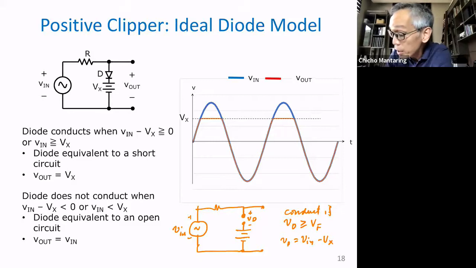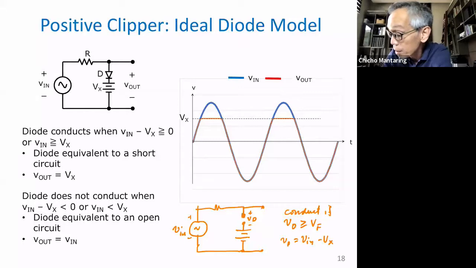So when does it conduct? It conducts when V in minus Vx, if it is an ideal diode model, is greater than 0. So yun yung sinasabi natin dito. When V in minus Vx is greater than or equal to 0, or V in is greater than or equal to Vx, the diode will conduct. When the diode conducts, it's equivalent to a short circuit.